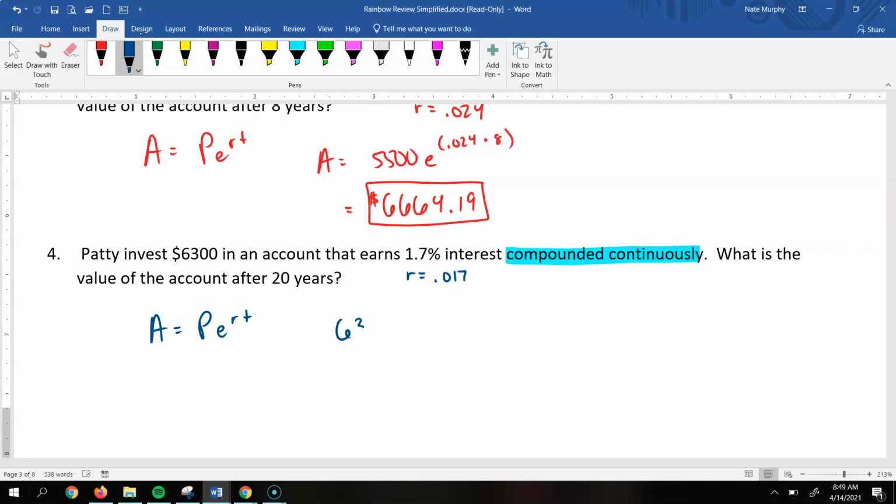So we would have 6,300 times e, and then our exponent's going to be 0.017 times 20. Again, we just type all that in your calculator. And when you do that, you get $8,851.17 as your answer for number 4.